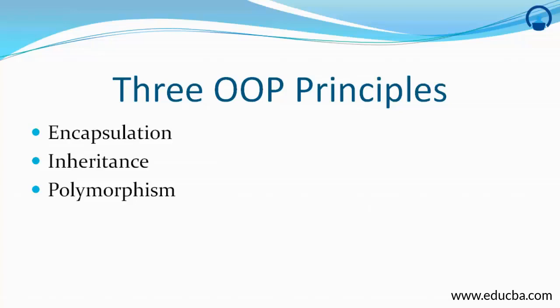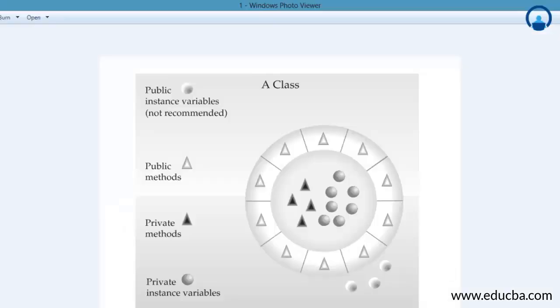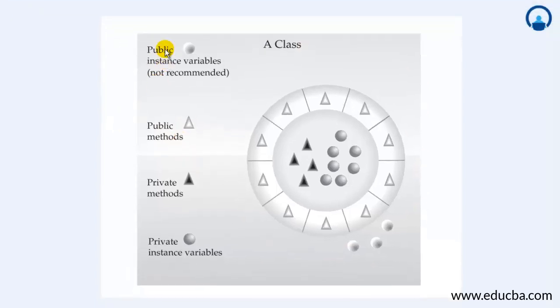To understand more about encapsulation, you can see here that public methods can be used to protect private data. Just assume this is your class A. The circles outside represent public instance variables.